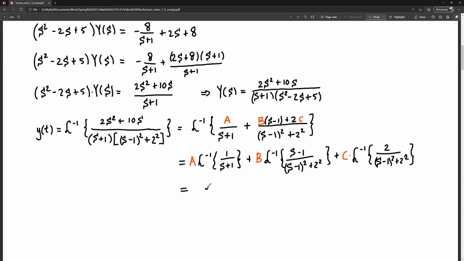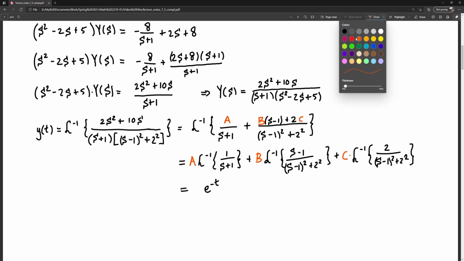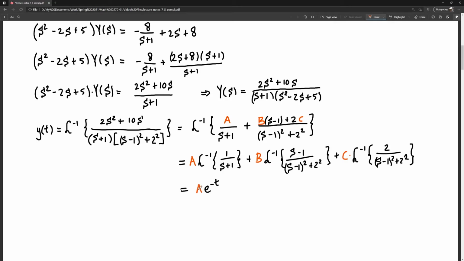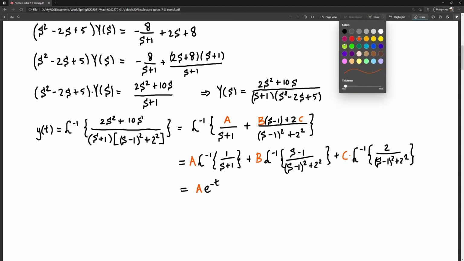So that is actually e to the power negative t. The second Laplace inverse is of the form e to the power at cosine bt, where a is 1 and b is 2.